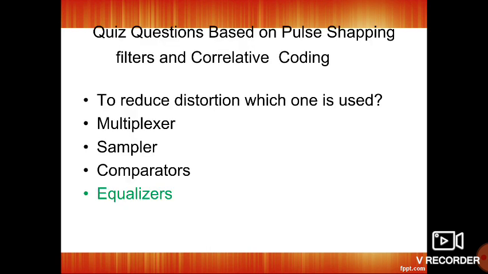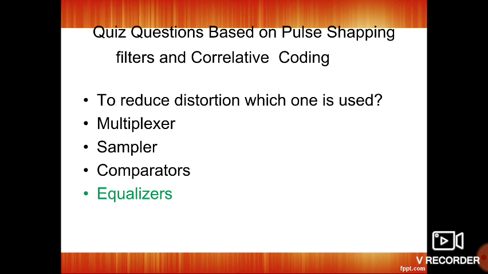So pulse shaping is used for reducing intersymbol interference, the presence of output due to other bits. The symbols which interfere with one another cause what is called intersymbol interference. So pulse shaping is to avoid intersymbol interference.